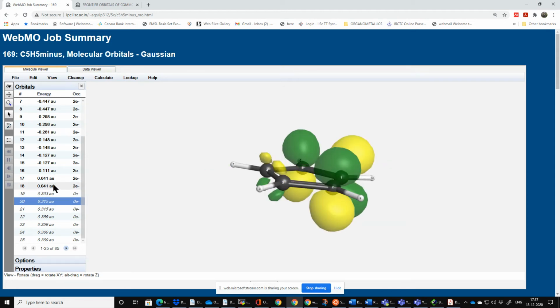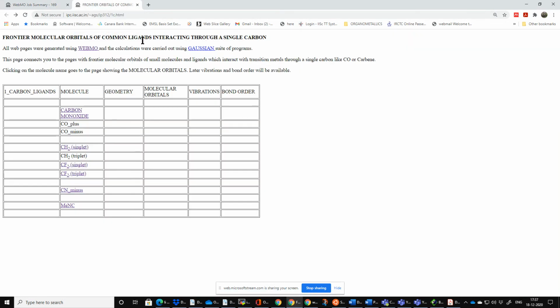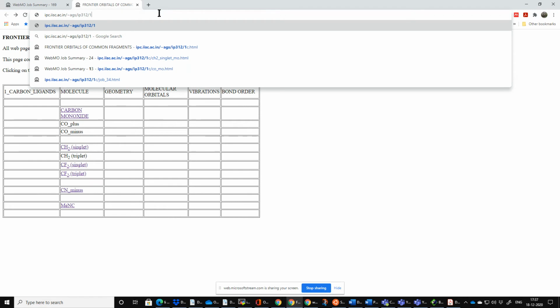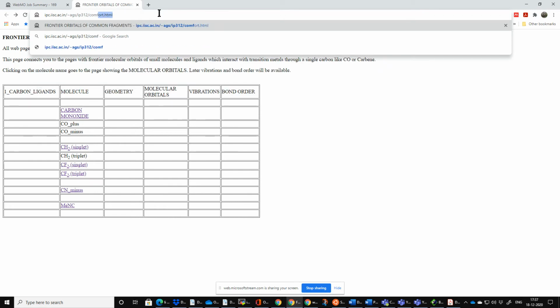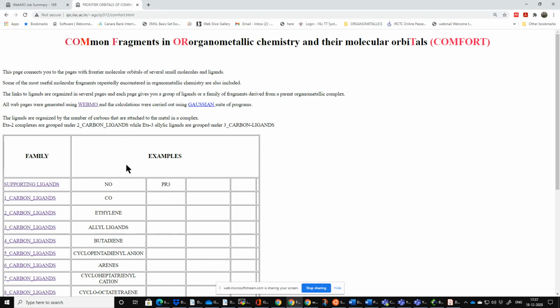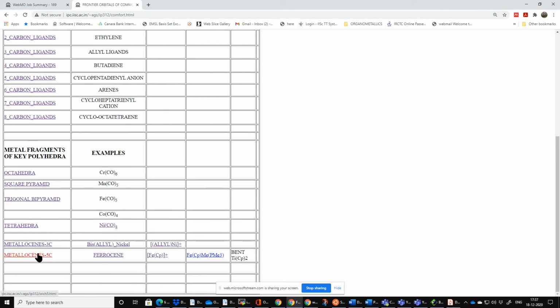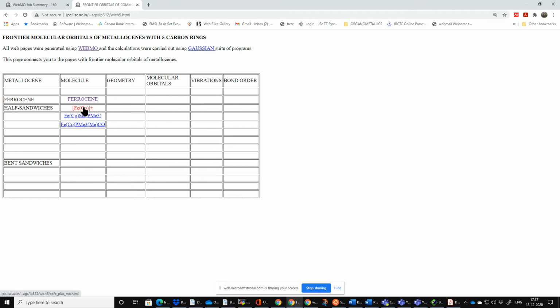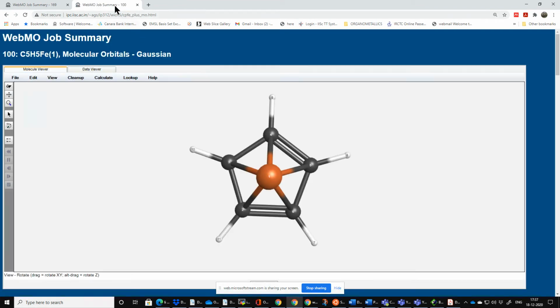Now let me go to the two pages simultaneously, and to do that I will have to type in comfort.html, and I go to metallocene 5C, and I go to FeCp plus.